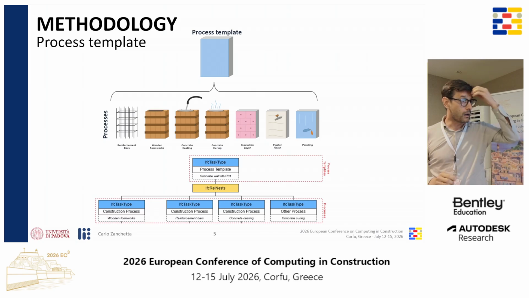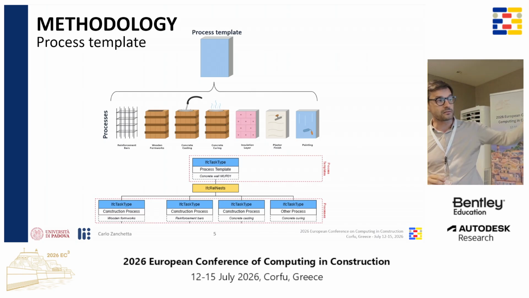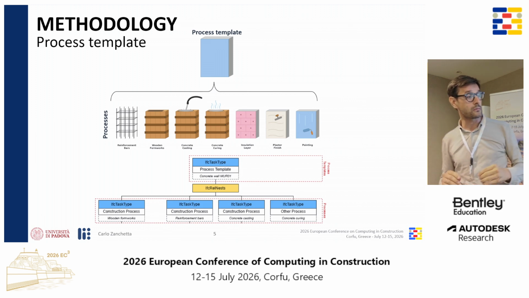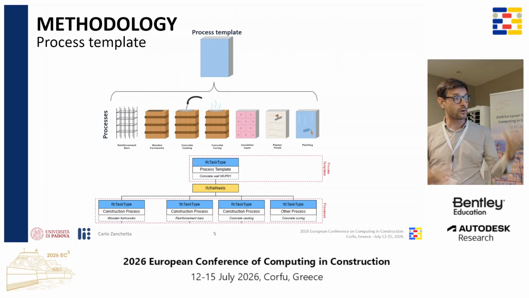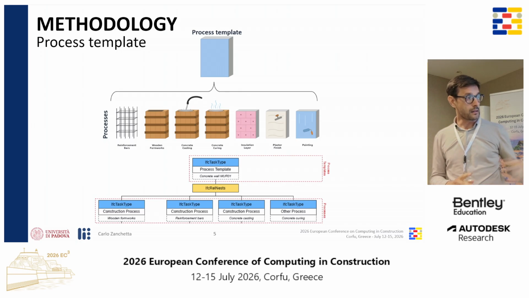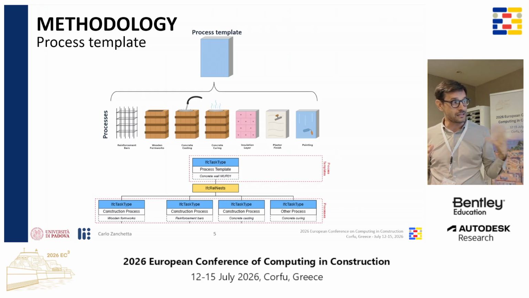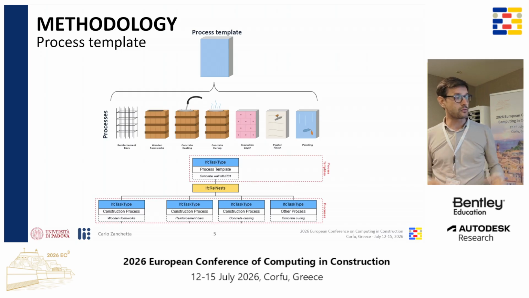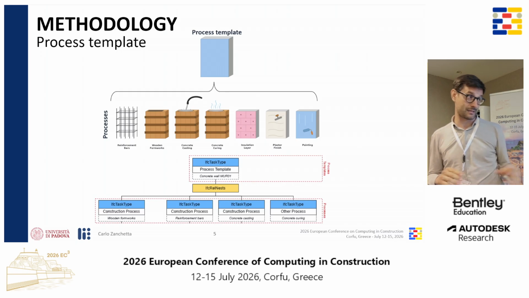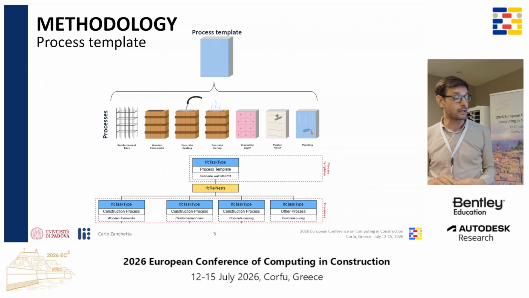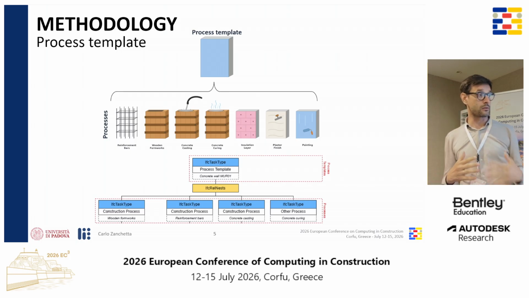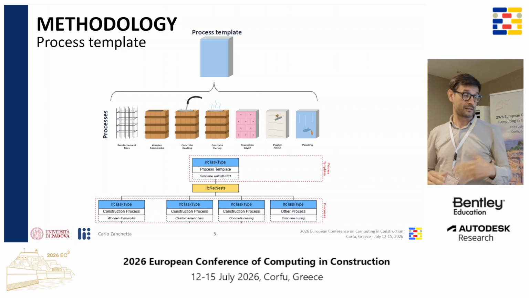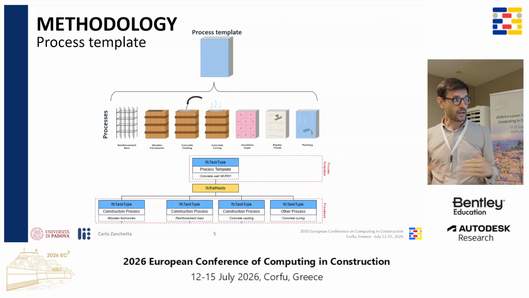The general methodology we defined was to consider the hierarchy available in IFC in this way. So consider IFC task type that we can instantiate into other IFC task type entities. We created a sort of type and hierarchy.